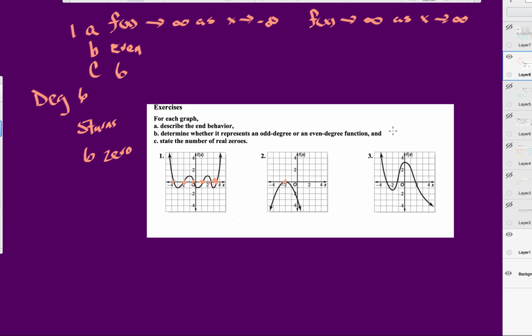Last, we have, this is our odd function here, right? Because the ends point in opposite directions.